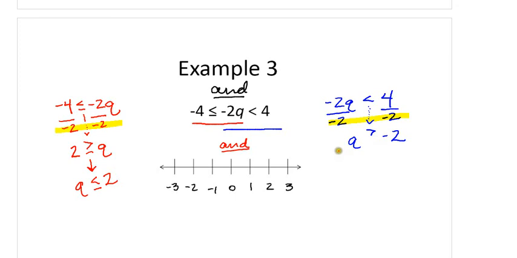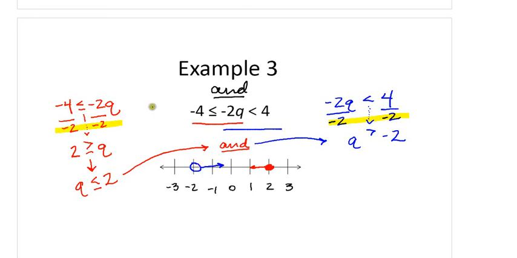So I've got any value that is less than or equal to 2. Here's 2, so I'm going to shade this way. And it has to be greater than negative 2. Here's negative 2, opened up because it's just greater than. I'm going to shade this way.